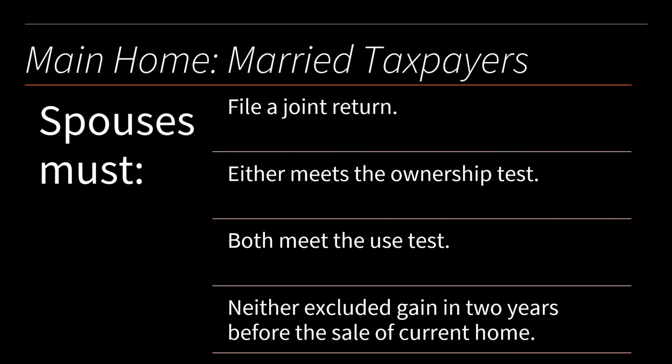But they both need to meet the use test. They both have to have used that home as a main home in at least 2 of the last 5 years. And neither of them can have excluded a gain from the sale of a home in the 2 years prior to the sale of this home.